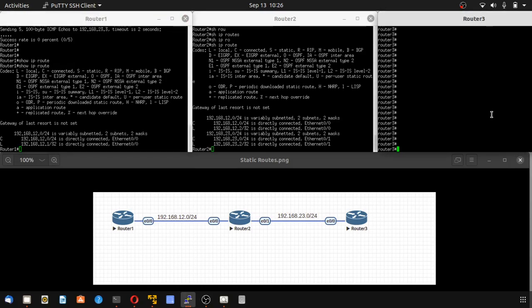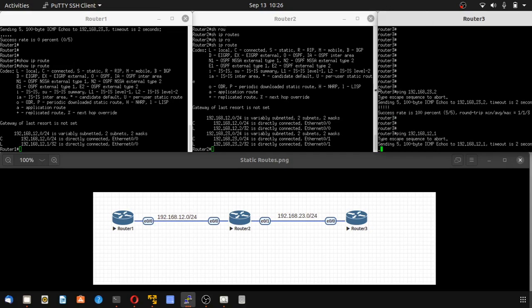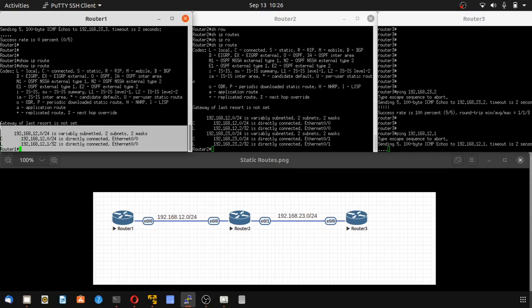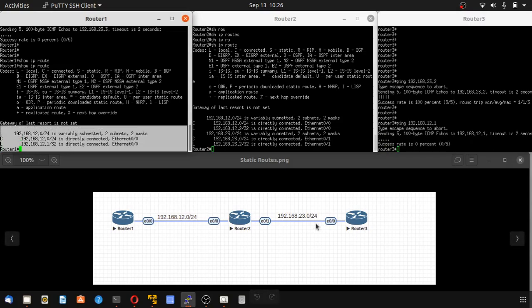In the same way we can verify from here: ping 192.168.23.2, it's reachable, but 12.1 would not be reachable, right? Why? Just the same thing as in R1. R1 doesn't know about the subnet 192.168.23.0, but R2 knows about both subnets because they are directly connected.